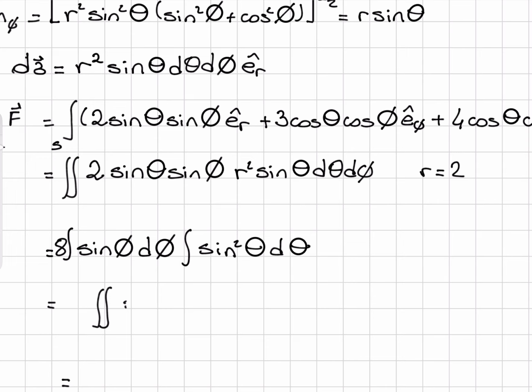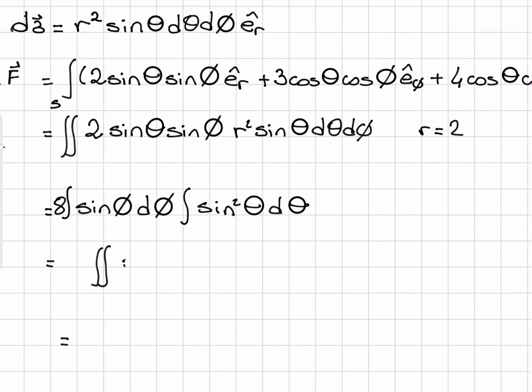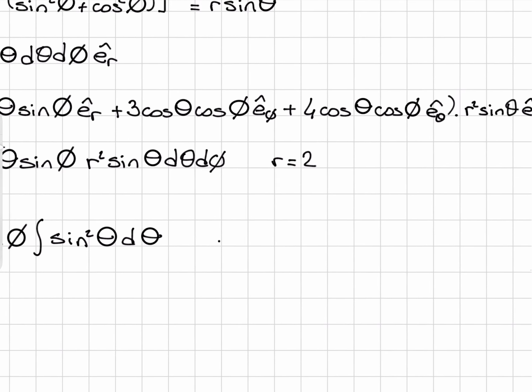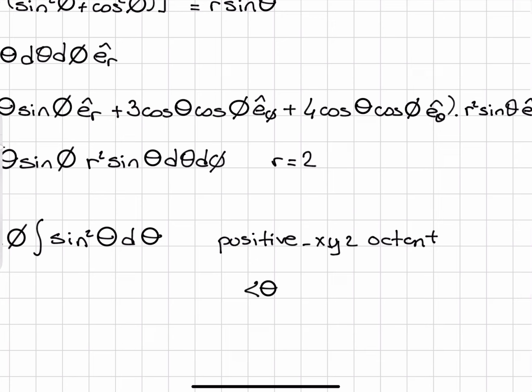Now I have to think about the limits of this integration. Positive xyz octant, that's what we're talking about, positive xyz values, 1 octant. This implies that theta is going to be in between 0 and pi over 2, and phi is also going to be in between 0 and pi over 2.